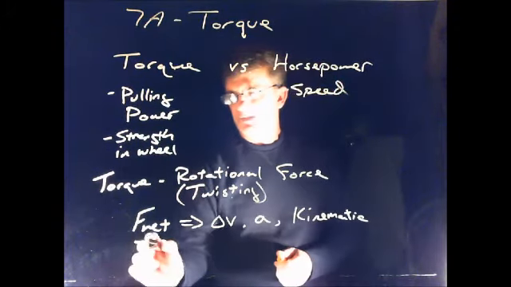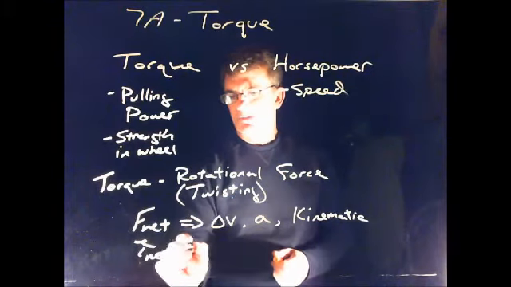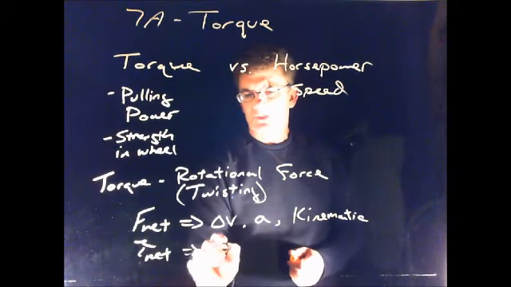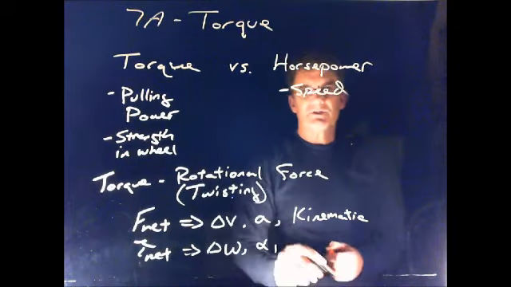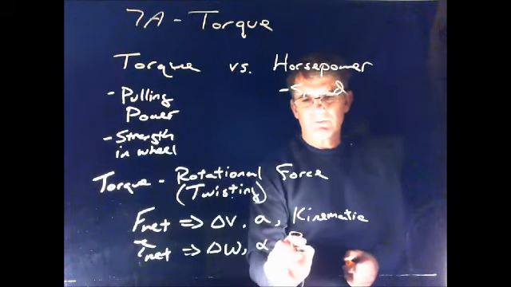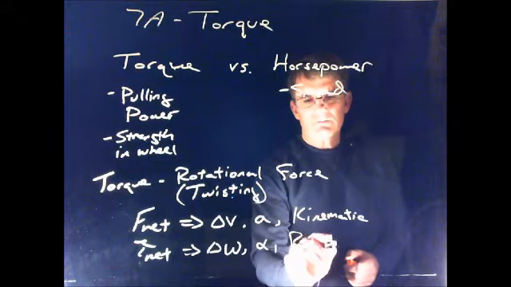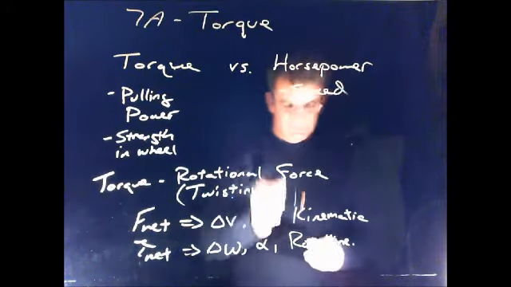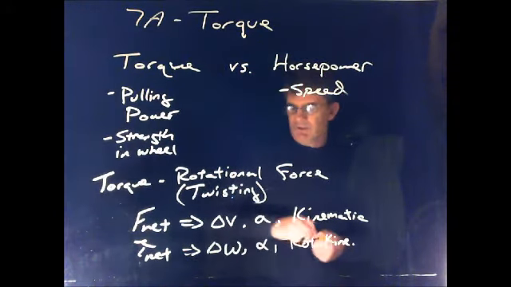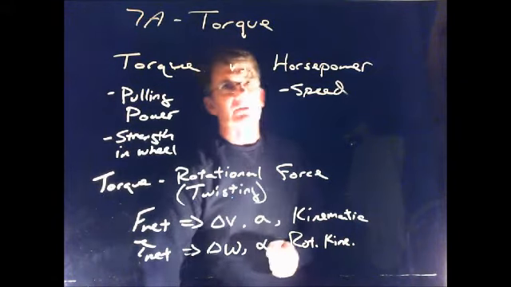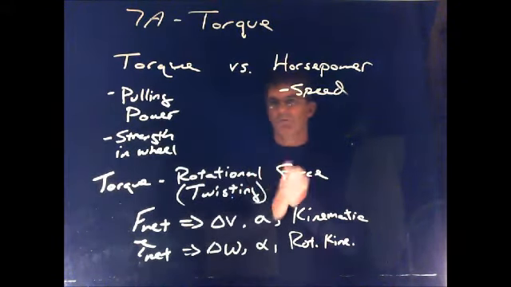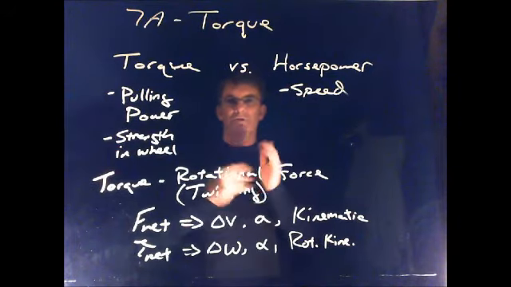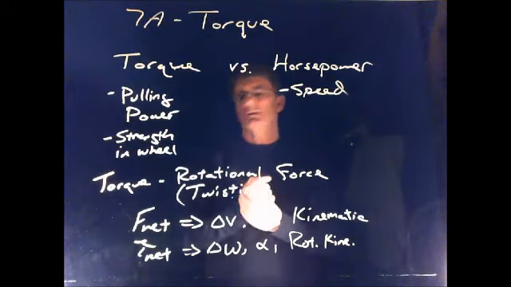If we have an unbalanced torque, we have a change in angular velocity, which is an angular acceleration, and we can talk about rotational kinematics. So I introduce Unit 7A with rotational kinematics. I don't spend a whole lot of time on it. I do give some problems with it, more for practice than anything else. So let's jump into rotational kinematics.